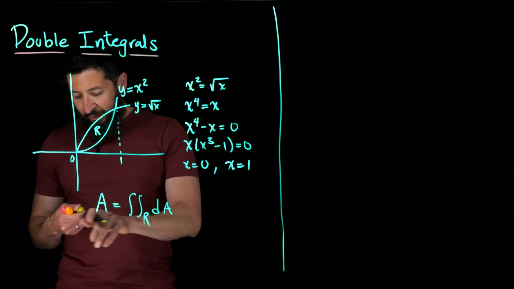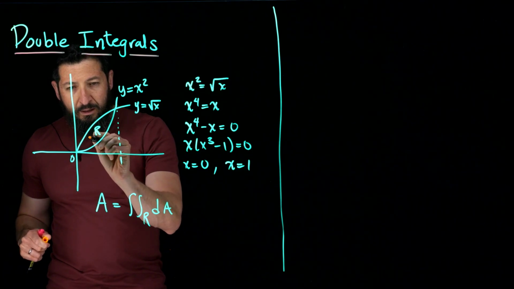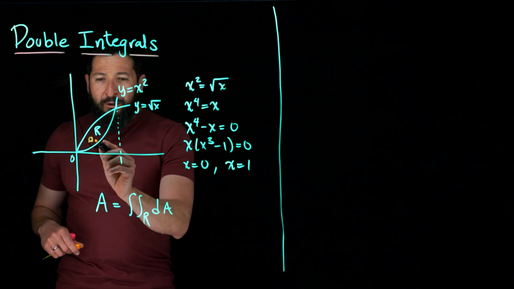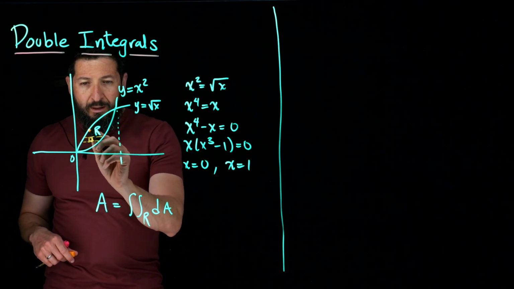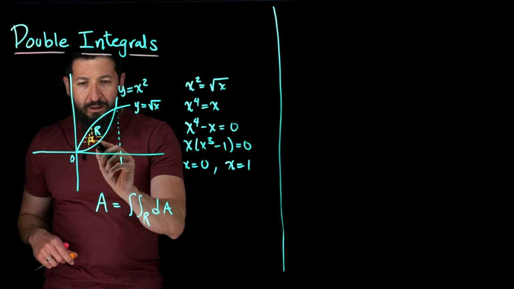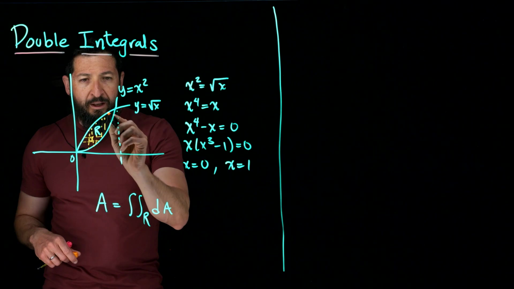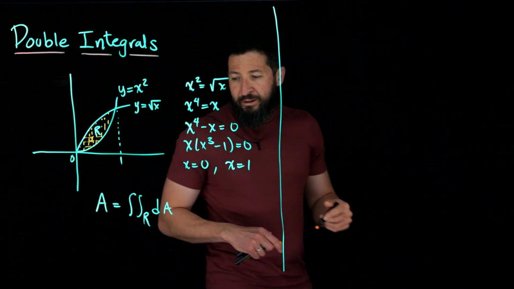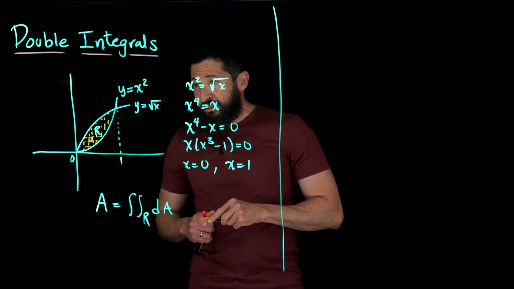Meaning you're going to partition this into, say, a grid, and you're going to grab your differential of area and add those differentials of area across the entire region. That's going to give you the area of the region itself.